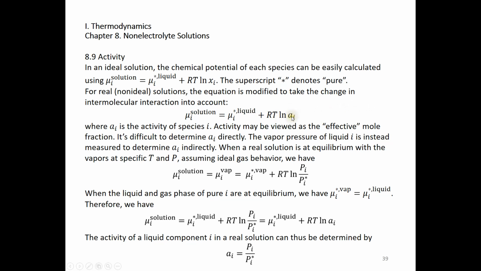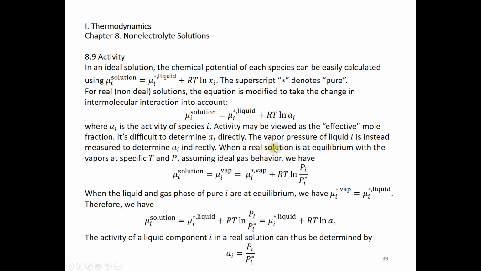And in this activity a, the difference is taken into account. It's very difficult to determine the activity of species i in a solution directly. Instead, we actually just measure the vapor pressure of this liquid i on top of the solution.